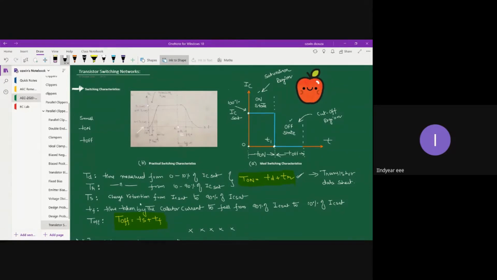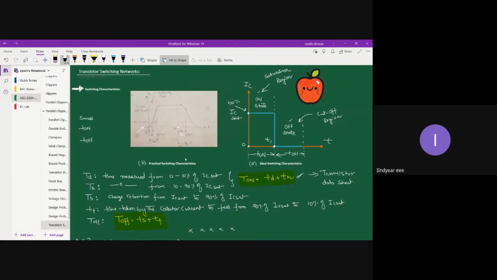So the storage time TS refers to the retention time. In this retention time, the minority charge carriers move back to their respective majority charge carrier state. Once this storage time has elapsed, the collector current falls to 0 rather quickly.